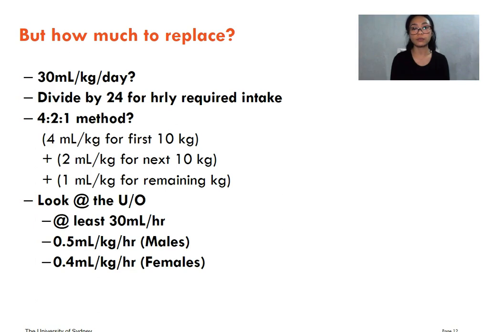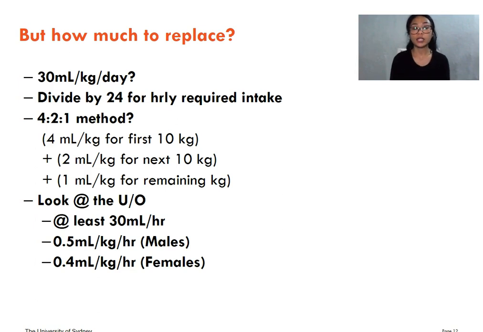You can also calculate the hourly fluid maintenance by using the 4-2-1 method, and this is similar to what's used in pediatrics. It's 4 milliliters per kilo for the first 10 kilos, then 2 milliliters per kilo for the next 10 kilos, and 1 milliliter per kilo for the remaining kilograms.